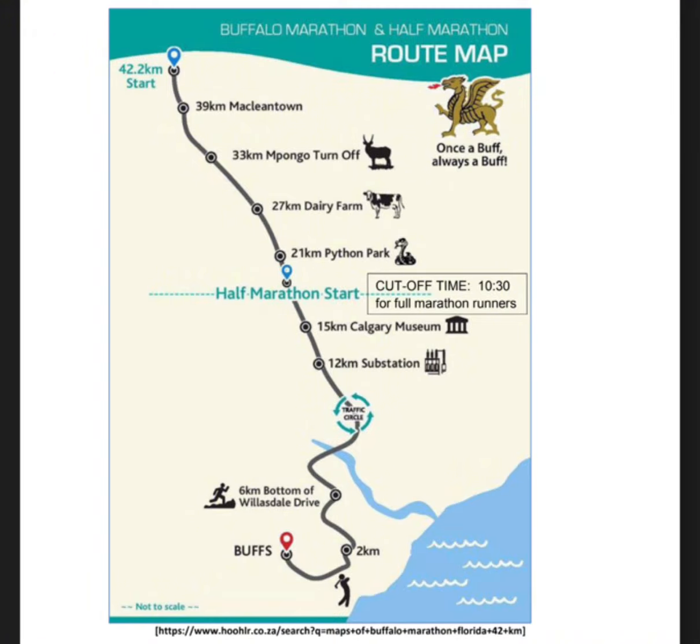Then it moved to 39 kilometers from McLean Town. We also have a cut-off time at 10:30 for full marathon runners. This cut-off time is only for full marathon runners. You must not forget that.